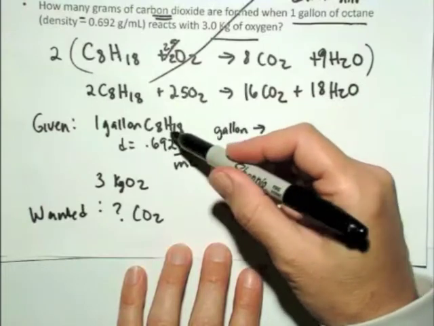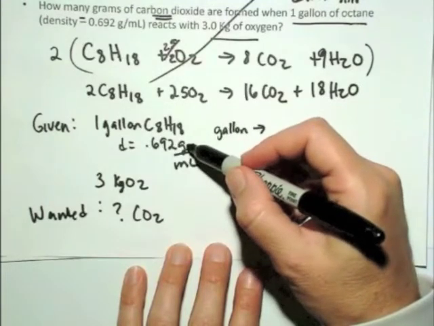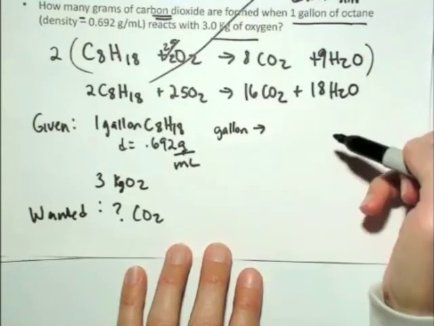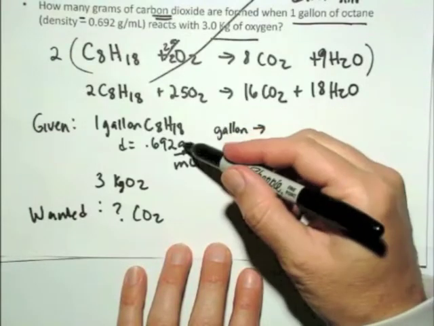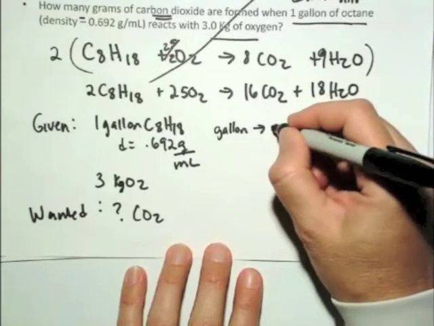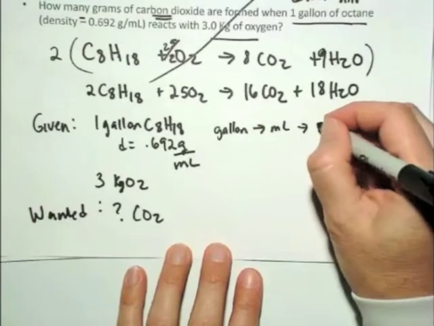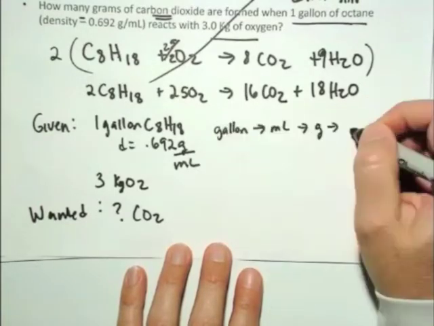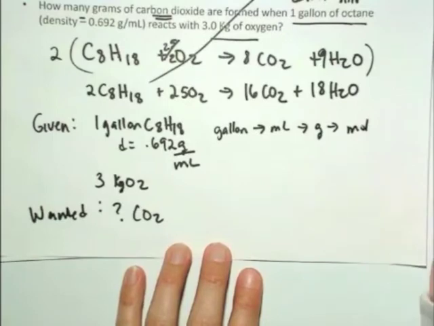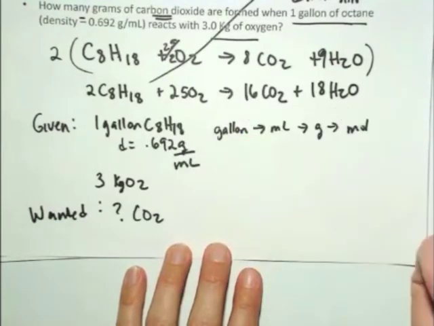Well, you have a conversion factor between volume and mass, and once you get to mass in grams, you can always get to moles. So you need to get from gallons to milliliters, and then once you get to milliliters using the density, you can get to grams, and once you get to grams, you can get to moles using the molar mass. Okay, so there's a little bit of a process to get to moles of octane in this case.